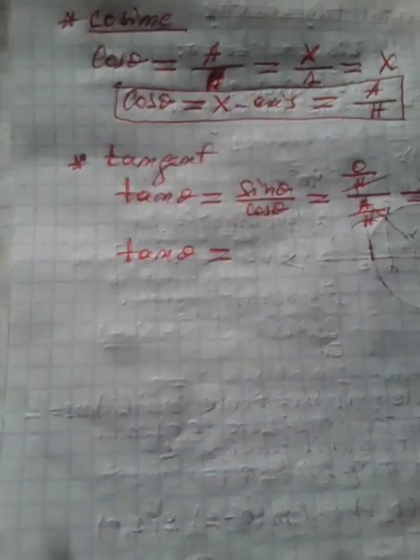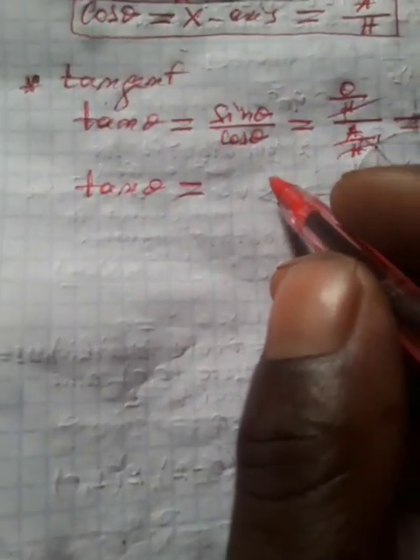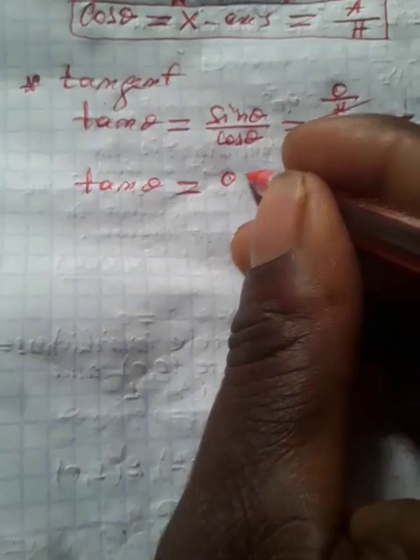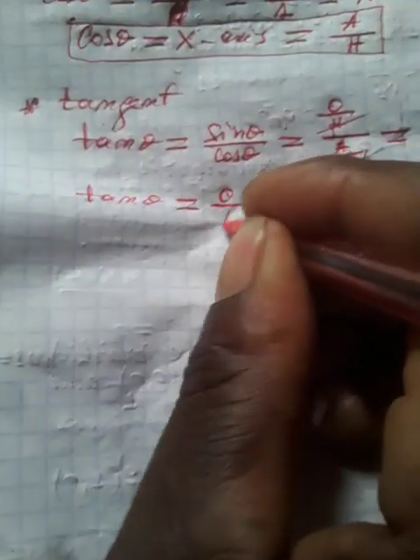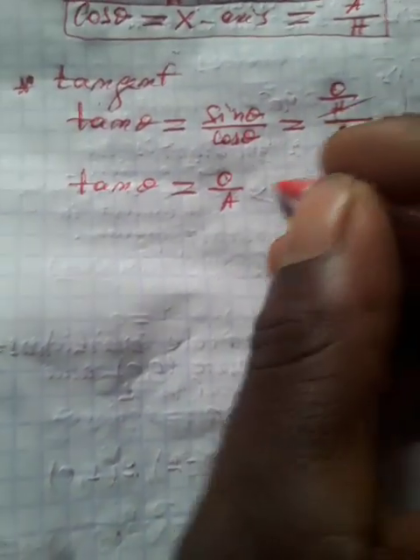So tan theta is equal to opposite over adjacent and equal to y over x.